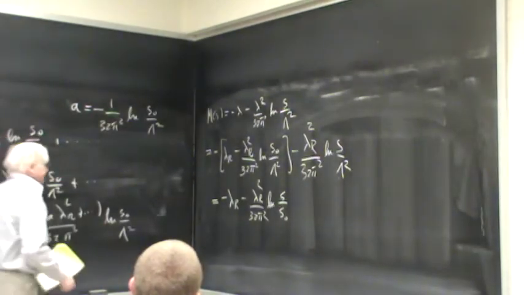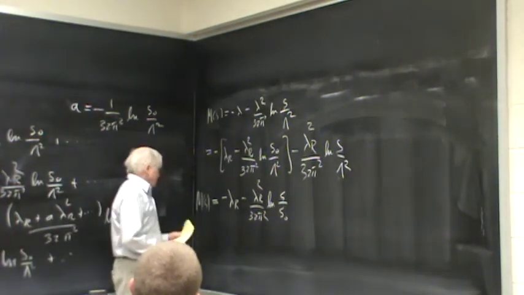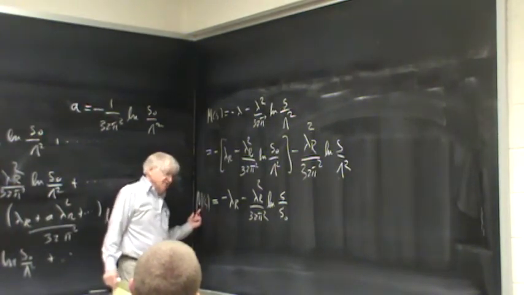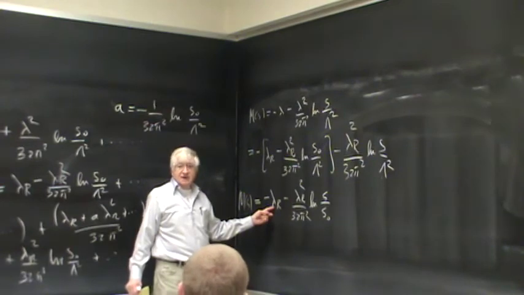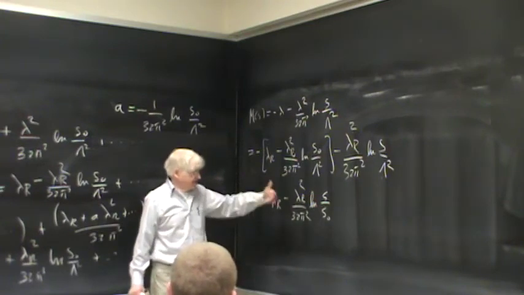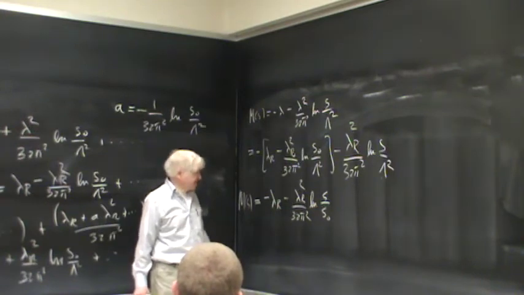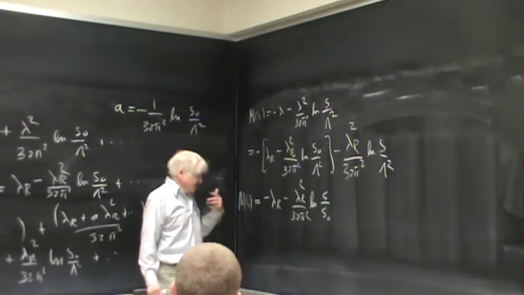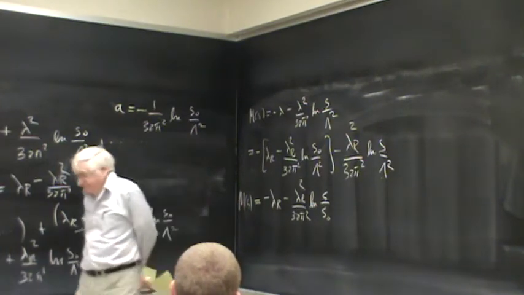Okay, so that means that we've expressed the scattering amplitude at arbitrary s in terms of lambda r, which is the scattering amplitude at s0, and then a log term that represents the change in the amplitude as you go from s0 to s.